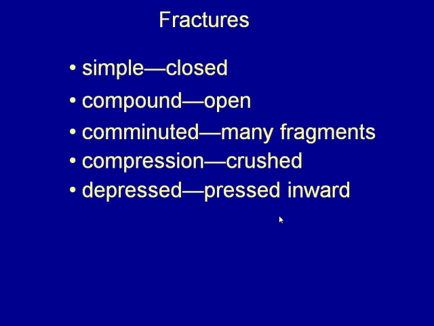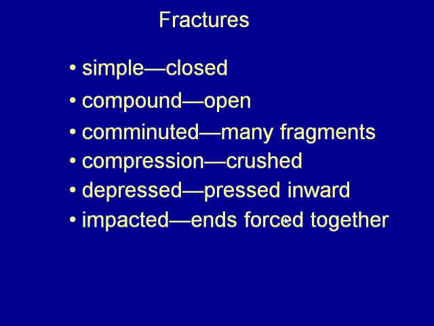It wouldn't break all the way through, but the bone would break a little bit and be depressed inward. An impacted fracture occurs when the bones break and then the ends are forced together. They're forced into each other. This might happen in someone who fell from a height and tried to land on their feet, or they fell and put their arms forward and broke a bone, but also then pushed the ends of the bone into each other.